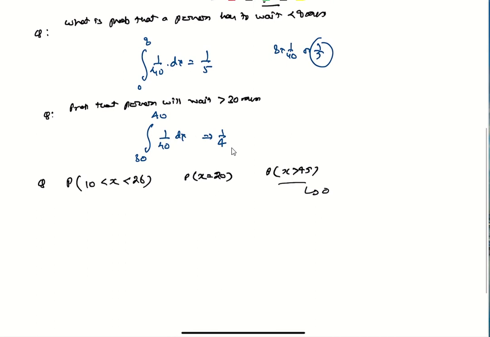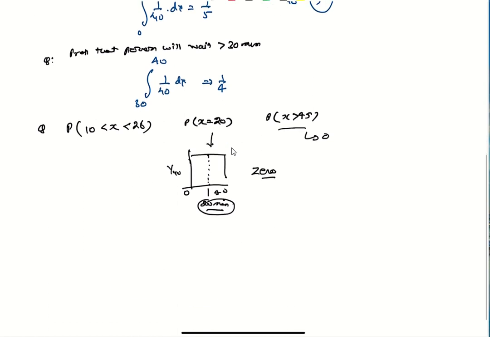But when we want to calculate x equal to 20 itself, we have this diagram where it is 0 and 40, and this is 1 by 40, and we want to know the area of this point itself, 20. So it has to be 0, because if it is one point, there is only one value. It always has to be a range.